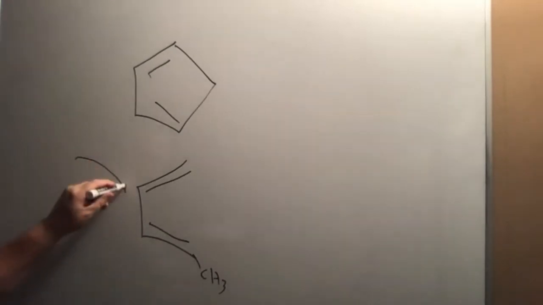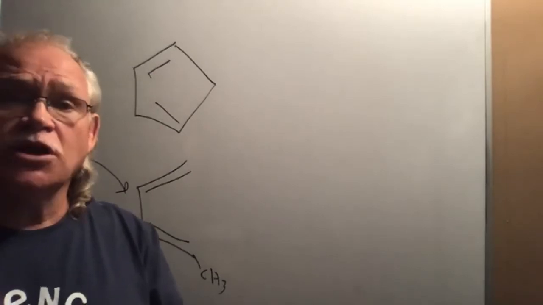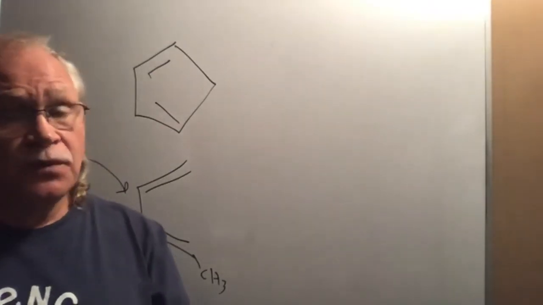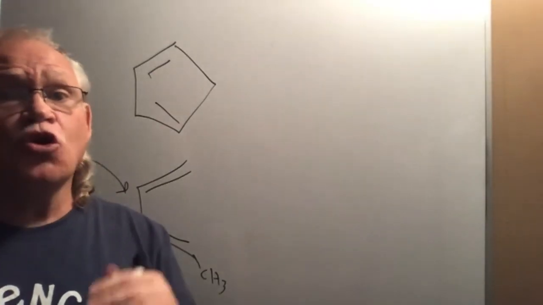Which one is going to react faster in a Diels-Alder reaction? Now, if you're formulating an answer in your head right now, you're probably saying this one. And the answer would be why? Because it's less sterically hindered. And in this case, you're wrong.